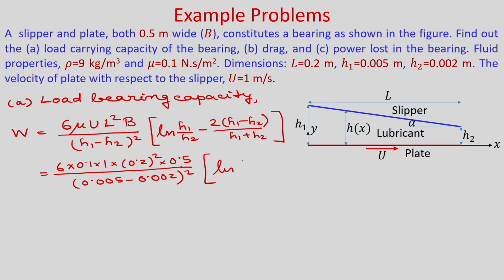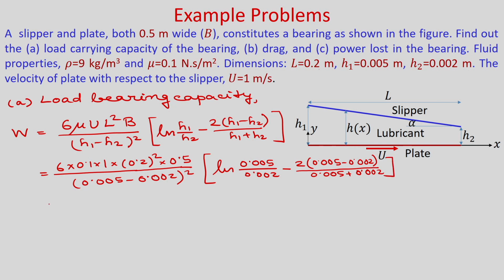ln 0.005 divided by 0.002 minus 2 into (0.005 minus 0.002) divided by (0.005 plus 0.002).